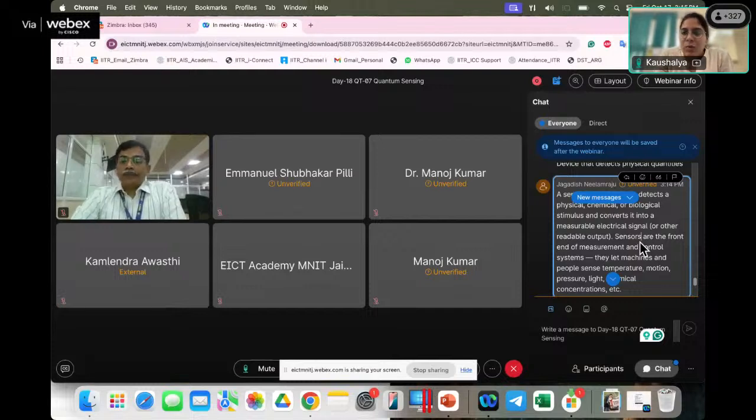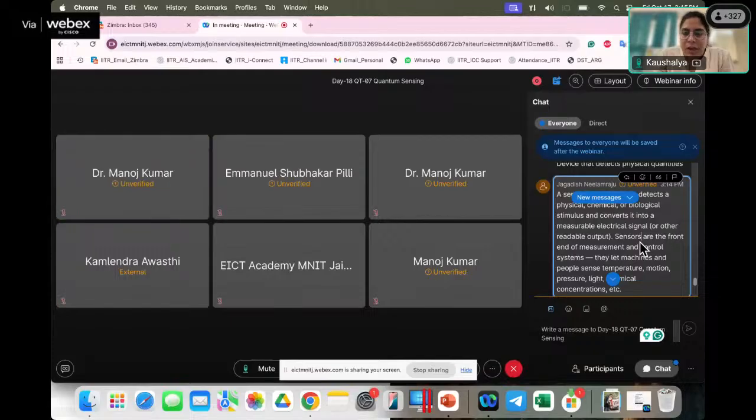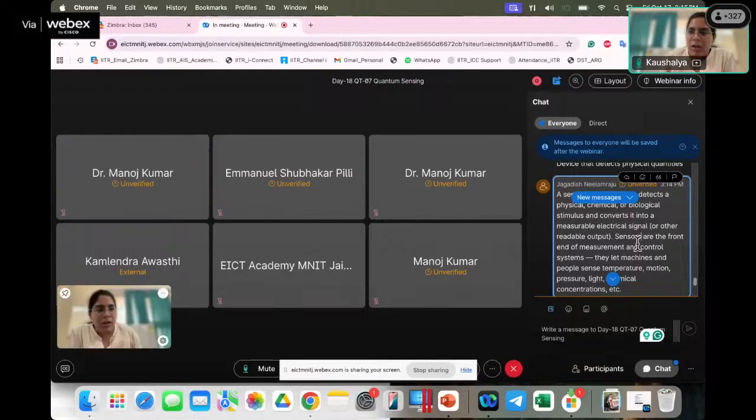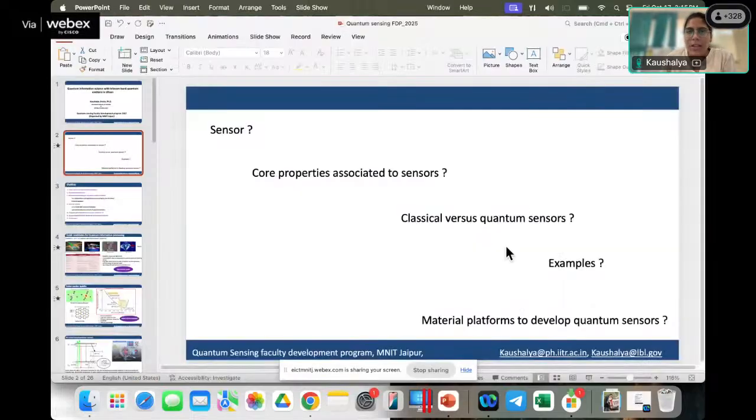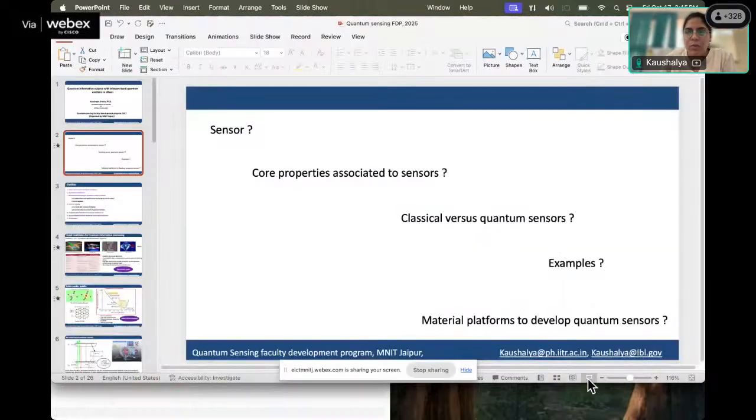When we're talking about quantum sensors, even to understand the system, we need to use the principles of quantum mechanics. So any system that needs explanation from quantum mechanics would be categorized as a quantum sensor. Okay, that's good.